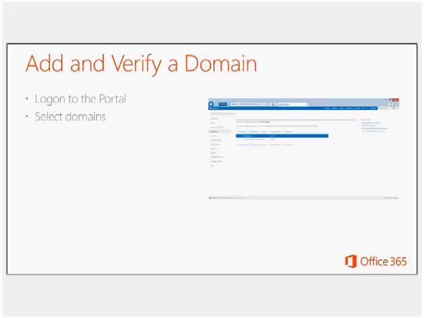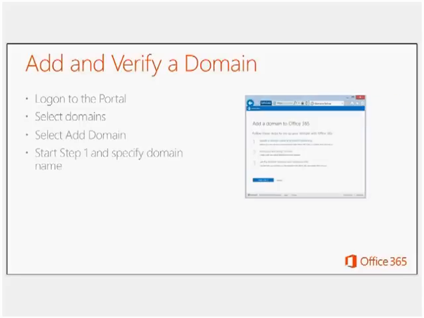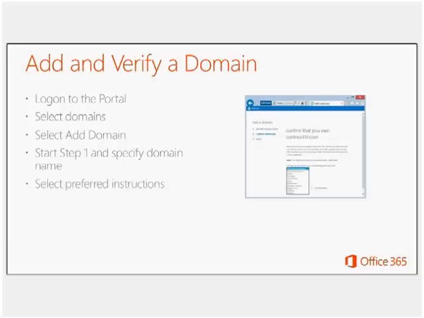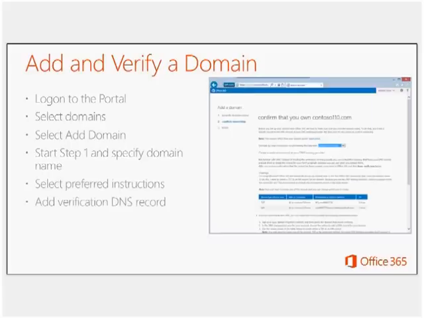You'll want to go to select domains, select add a domain. Step 1, specify the domain name. Type the domain name, all very easy stuff. Confirm that you own Contoso or yourcompany.com. This is where we're going to check that you've added your verification DNS record.